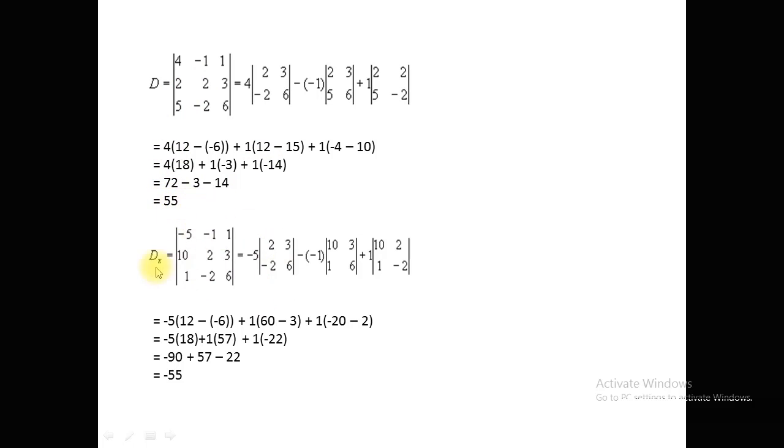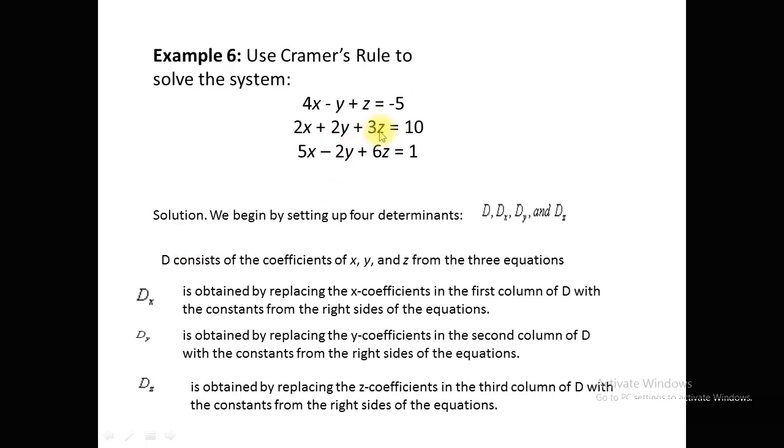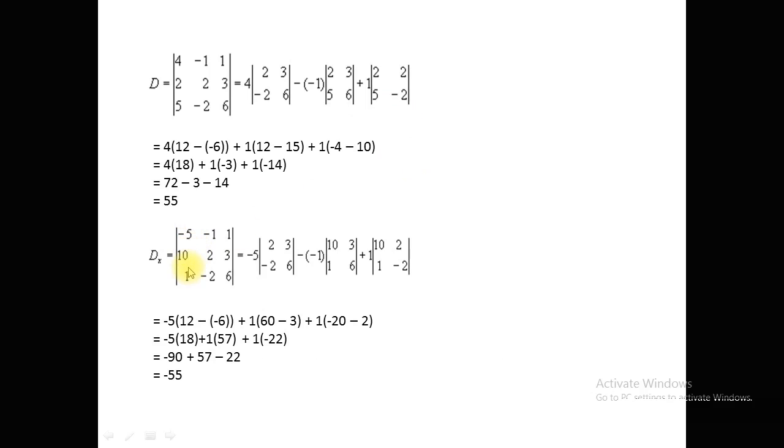Similarly, for the Dx determinant, replace the first column of the coefficient matrix by the constants which lie on the right hand side of the system. In this system, on the right hand side, we obtain minus 5, 10 and 1. So in the first column it is now minus 5, 10 and 1.